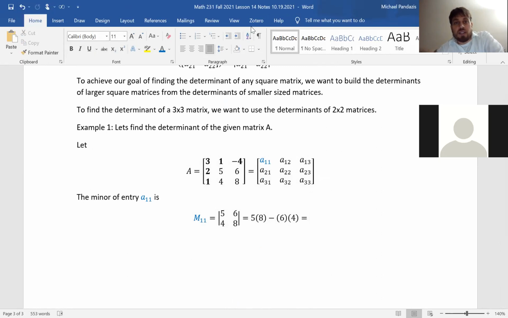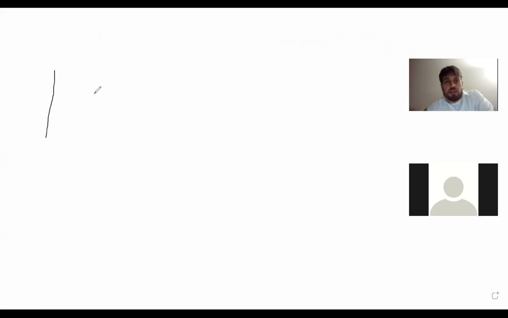I'm going to try to rely less on this. This was our original matrix. The entries were 3, 1, -4, 2, 5, 6.